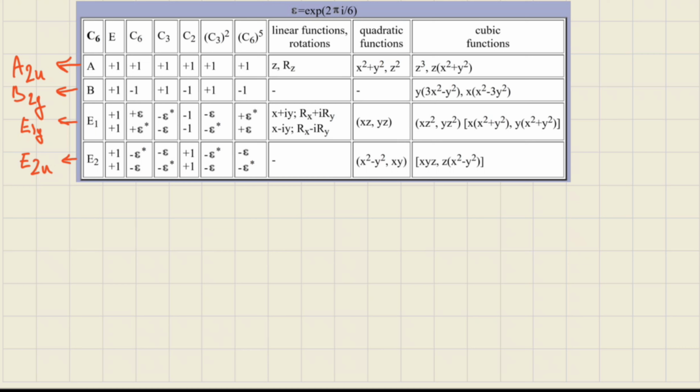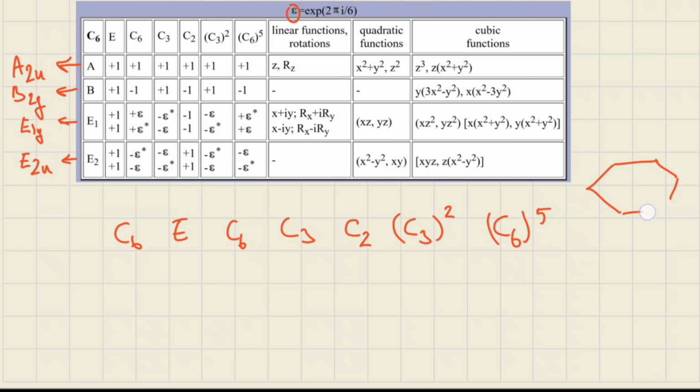And you realize there's an epsilon here. And I will show how to get rid of the epsilon. So firstly, C6 has E, C6, C3, C2, C3 double, and C6 to the fifth. So all the elements will be applied here.